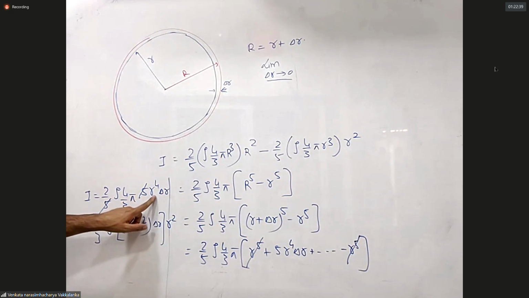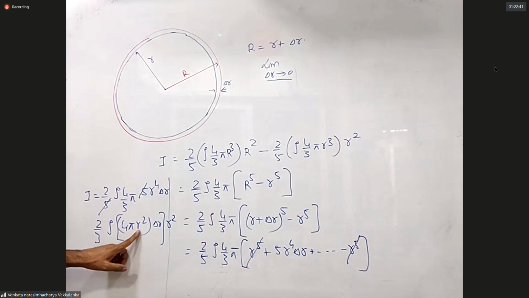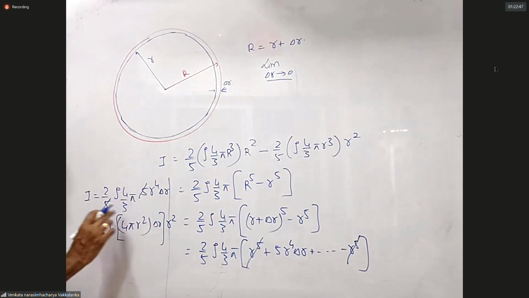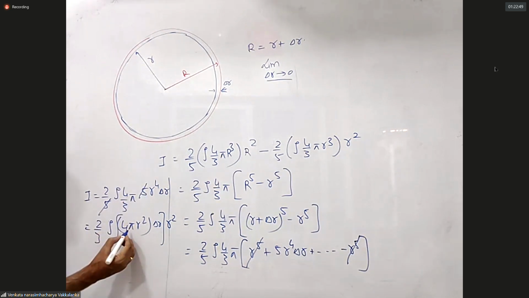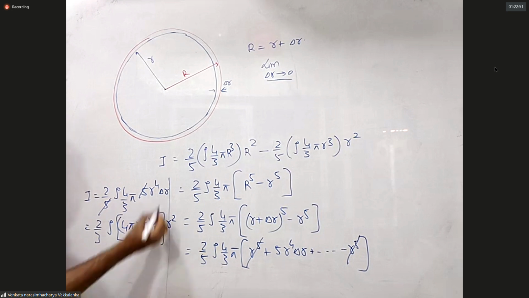What have I done? From r to the power 4, one r square I kept inside and one r square outside. Rho as it is. 5 got cancelled. 2 by 3, 4 pi r square into delta r.